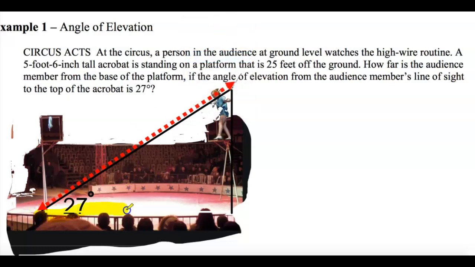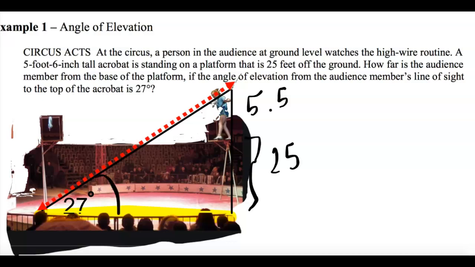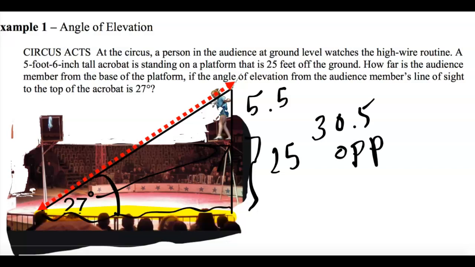So we're trying to find out this distance along the edge there. Noticing my diagram, this person is 5 feet 6 inches, and then this height right here is 25. We're talking about this angle, so this side over here, which is 30.5, is the opposite. And what we're trying to figure out is this line here, which is our adjacent.